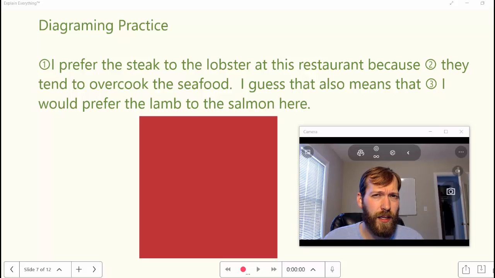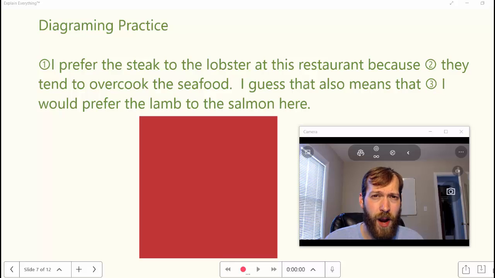The other reason why I think students find it challenging is that students maybe aren't paying close attention to what the diagram is supposed to be signifying. And again, it's really trying to signify how the truth is supposed to flow from one statement to another.